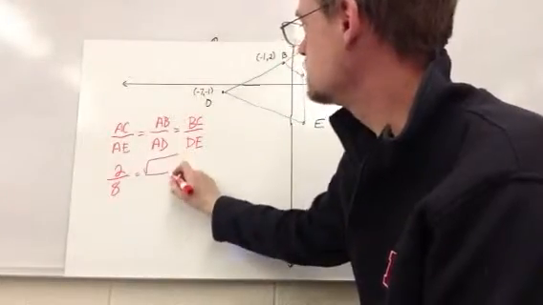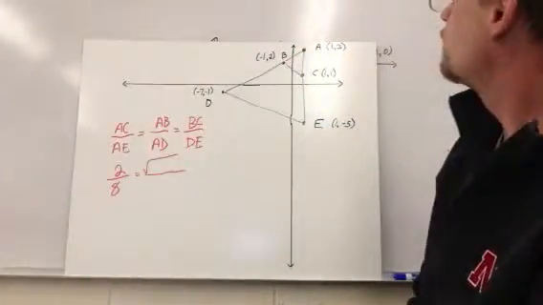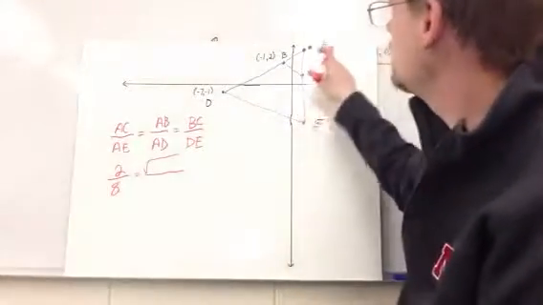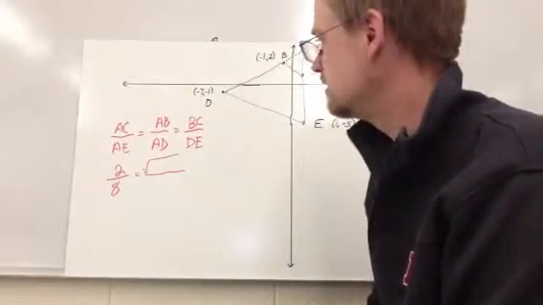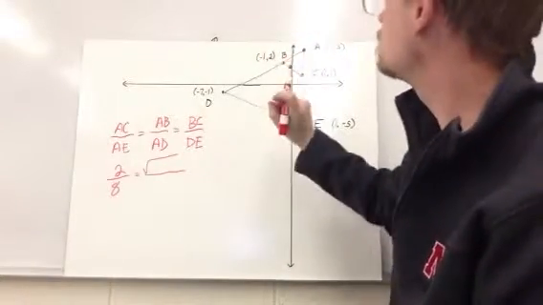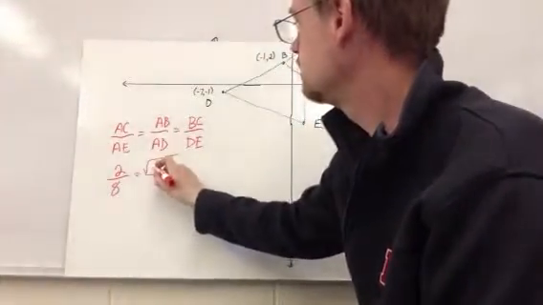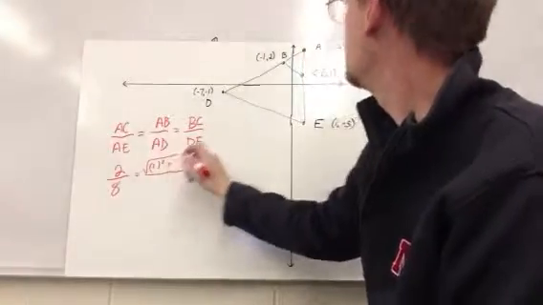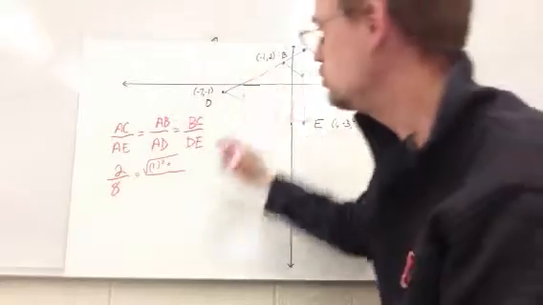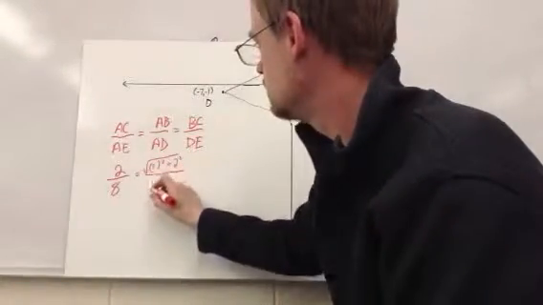we'll have to do a little bit of distance formula here, but 3 minus 2 is 1. 1 squared plus 2 squared is 5. 3 minus 2 is 1 squared plus 1 minus -1 is 2 squared.